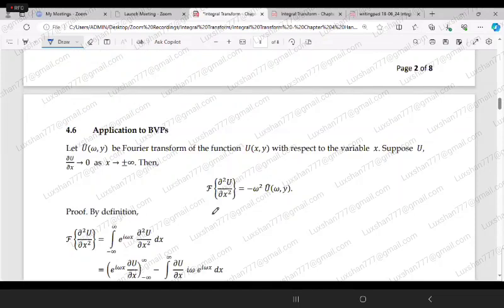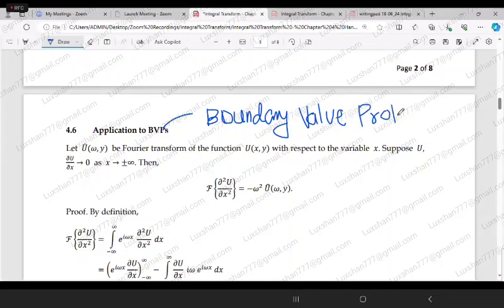Now today we are going to talk about the application to boundary value problems. So BVP means boundary value problems, so that we call them BVPs. BVPs are also partial differential equations.